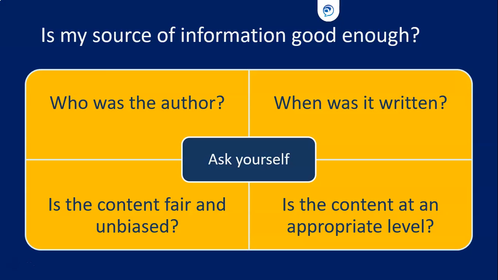If you are looking at how best interest assessors work and operate in the UK, it might not be relevant to be looking at something that was produced in America, for example, because it might not be the same system. And look at the level that it's aimed at. Is it aimed at practitioners, or is it perhaps aimed at the patient or the user of the service? And is it still appropriate? So you can ask yourself this as you're looking through the documents.